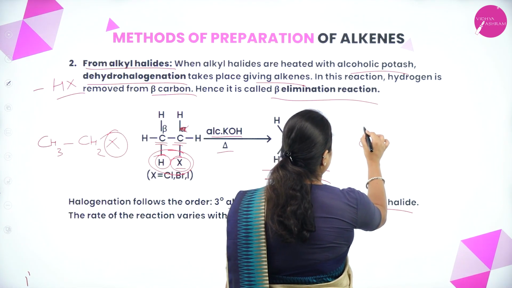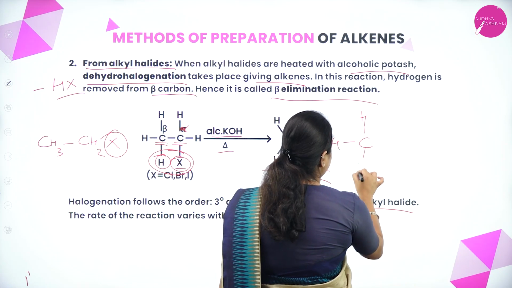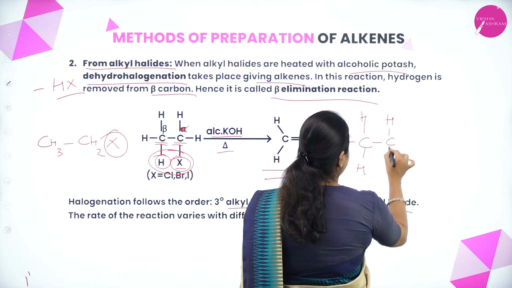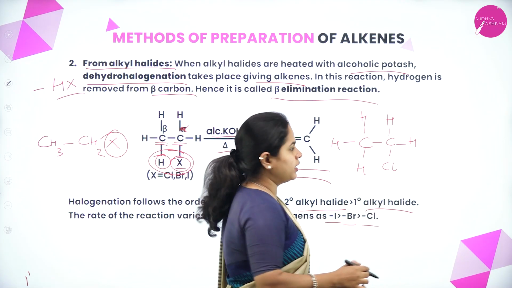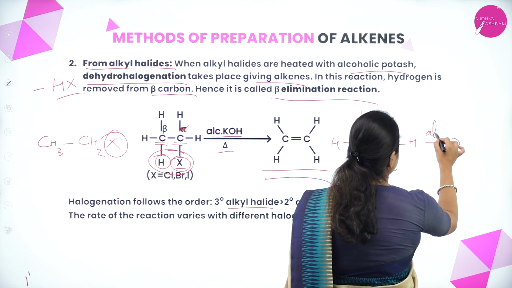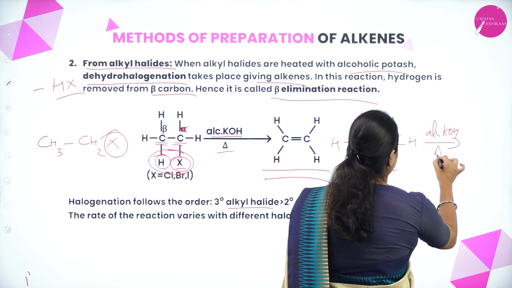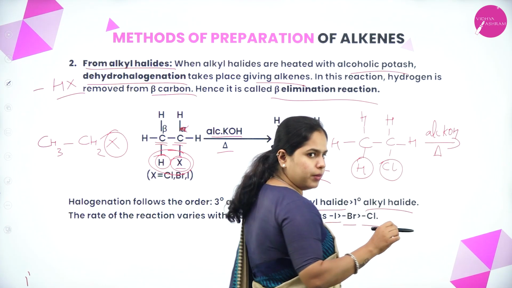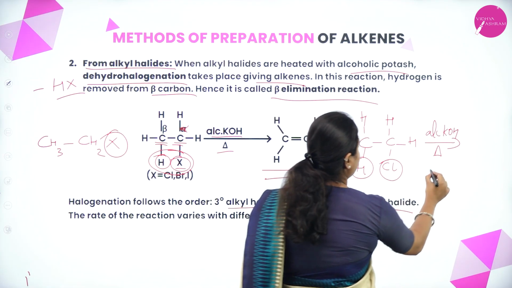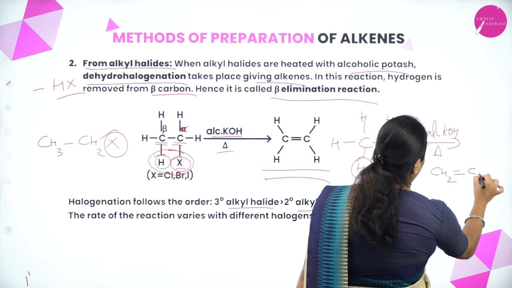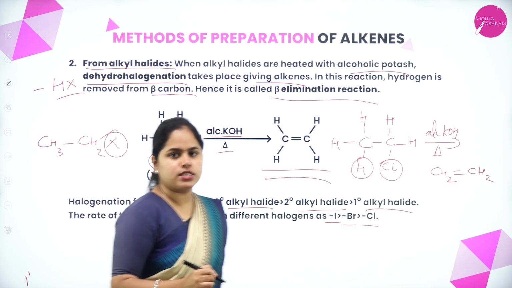For example, if we are taking CH3CH2Cl, the halogen I have taken here is Cl. What happens in presence of alcoholic KOH? If you are heating it, H and Cl will be removed. Dehydrohalogenation, right? HX will be removed. You will get CH2 double bond CH2. So this is the next method.